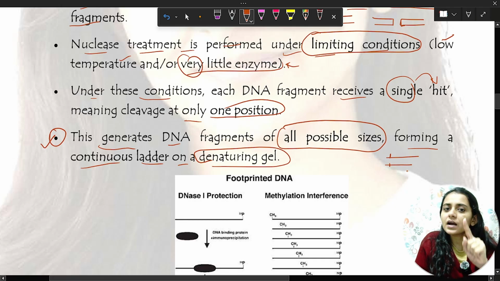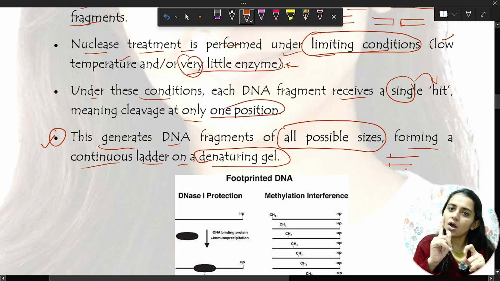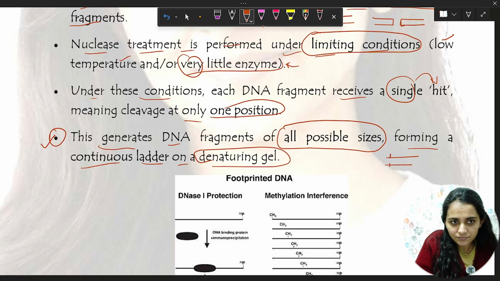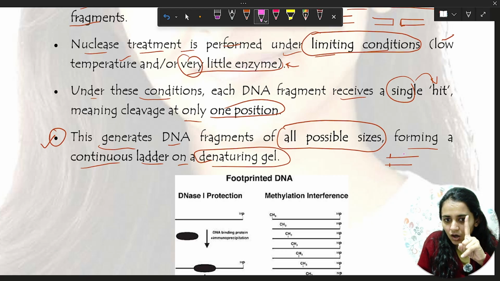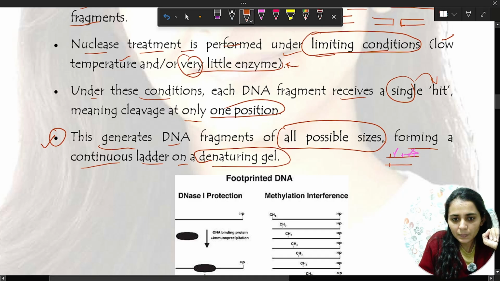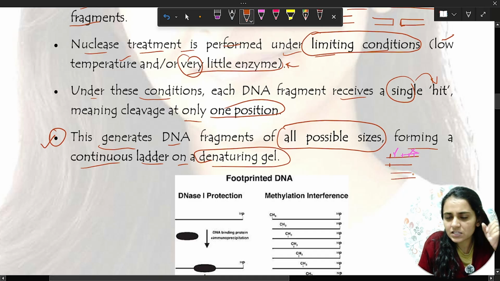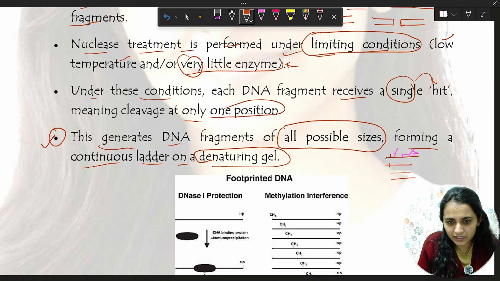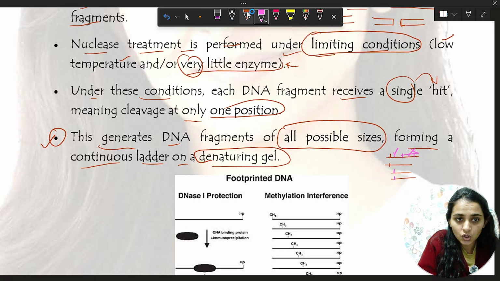No, it will cut anywhere, but at one position only. If this DNA segment gets only a single cut, it could be here, here, here, here, but only one cut is done, the others are not. If there are hundreds of thousands of fragments and one is cut here, it doesn't mean that another is also cut from here. No, all will be cut differently.